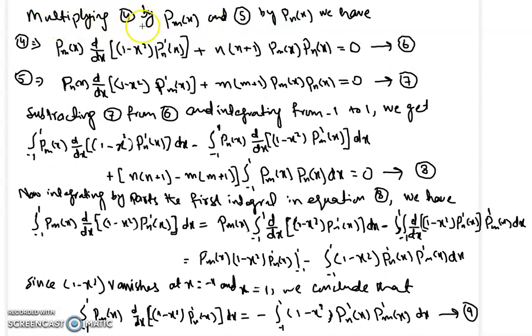Now we will multiply equation 4 by Pm and equation 5 by Pn. So when we multiply equation 4 by Pm, we get this differential equation, and when we multiply equation 5 by Pn, we get this equation.